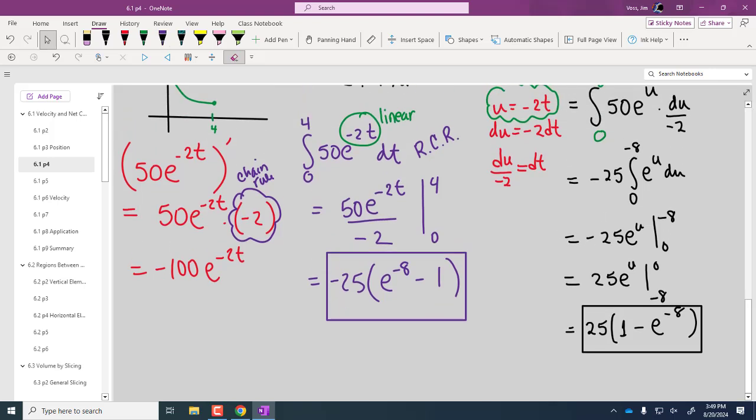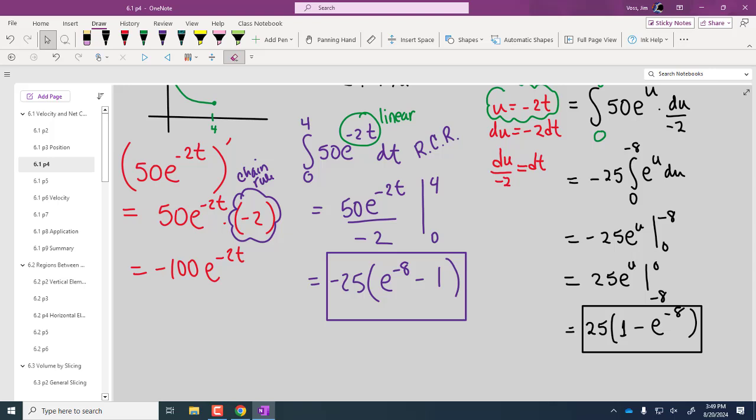Two steps. Way faster. Whenever we have a linear substitution, that's what you want to be doing. You want to be doing RCR, reverse chain rule. Much faster, much more efficient, much more elegant. You don't want to spend your time on busy work.